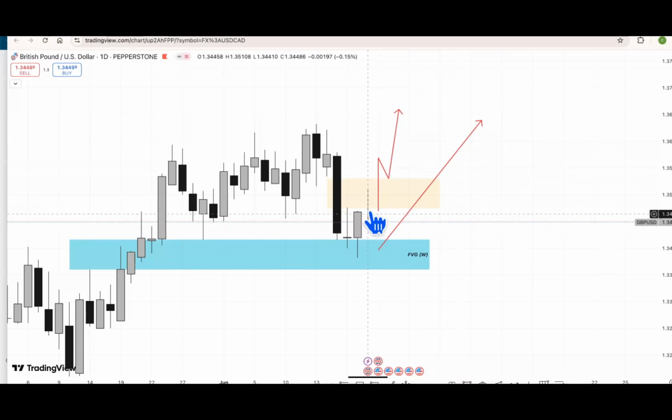However, if price is going to be bearish for GBPUSD, then this daily fair value gap might be used to push price further down. So those are the two likely scenarios that I'm likely to see with GBPUSD, and of course the DXY is going to lead the way to show us exactly what price is likely to do.